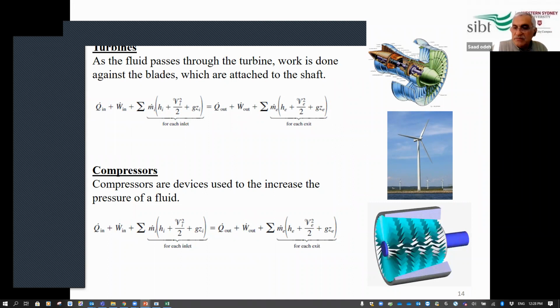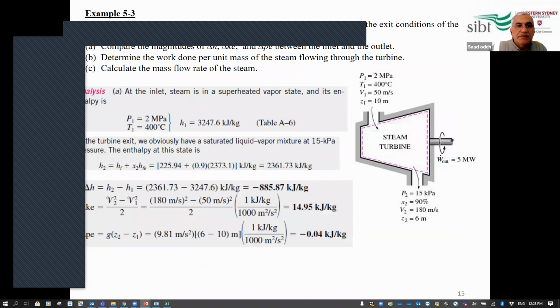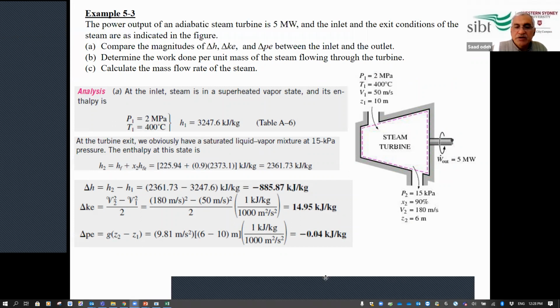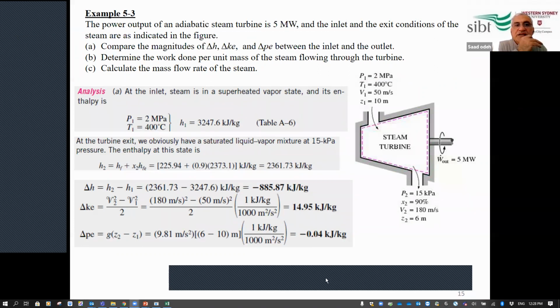All right, so this is an example on the energy equation. This is a really general equation and a general example, and this is very common because it relates to the steam turbine, a very popular device in power plants, as I mentioned before at the beginning of the lecture.